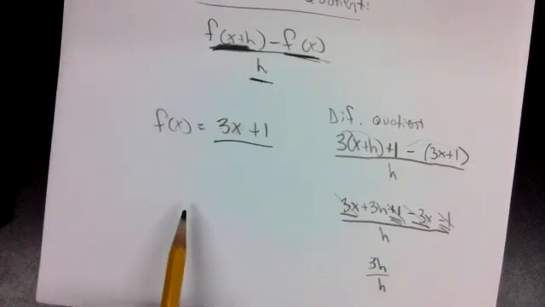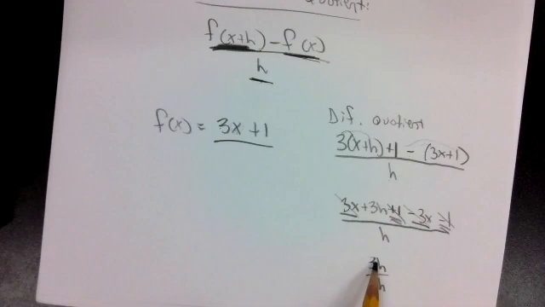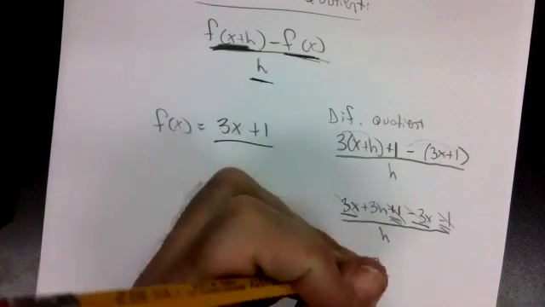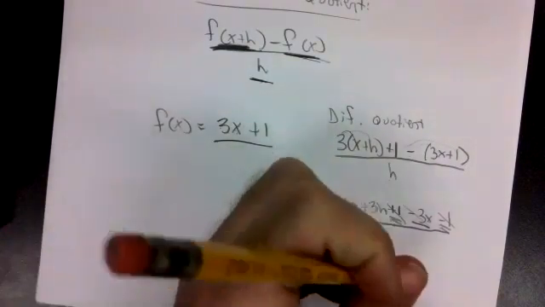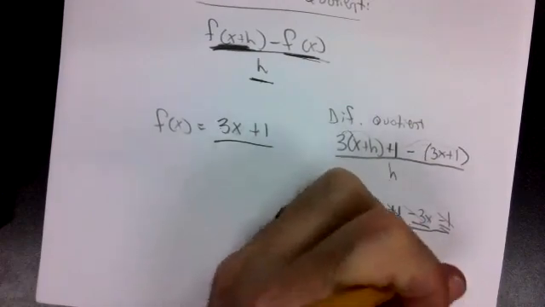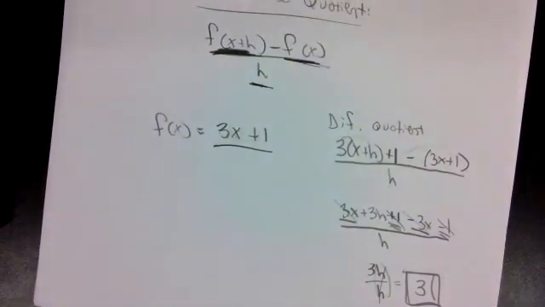Now before, when we were dealing with pluses, we couldn't break anything up. But if we're multiplying 3 times h and dividing by h, h over h is a form of 1. So those cancel out, leaving us with just 3. So this would be our difference quotient.